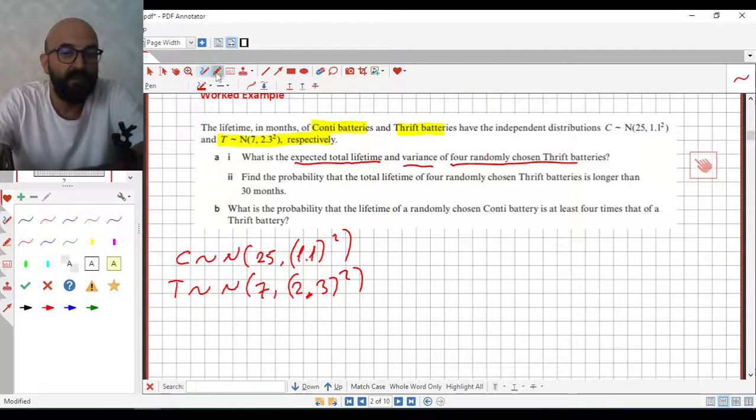These sentences are very important, and we have a keyword: randomly. Not the same Tift battery 4 times.